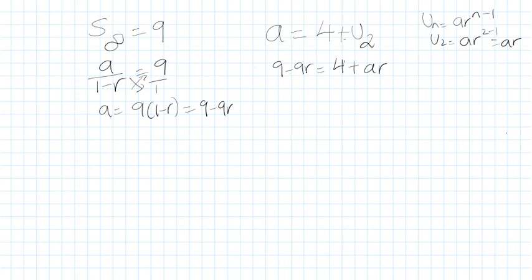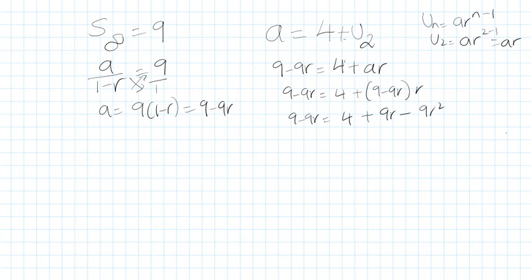So I can replace u2 by ar. And now I have another a, so I can replace the a here by 9 minus 9r again. So we end up getting 9 minus 9r equal to 4 plus 9r minus 9r squared.